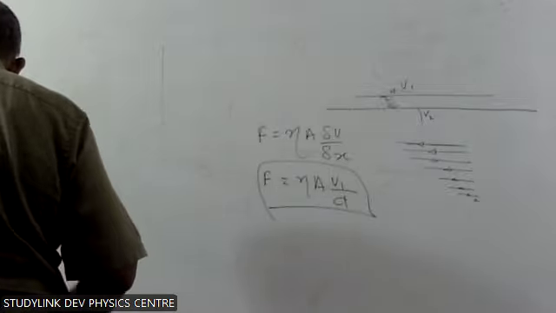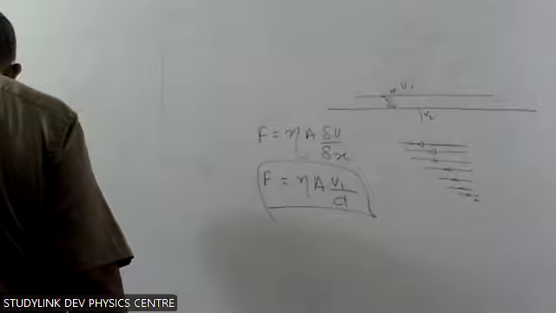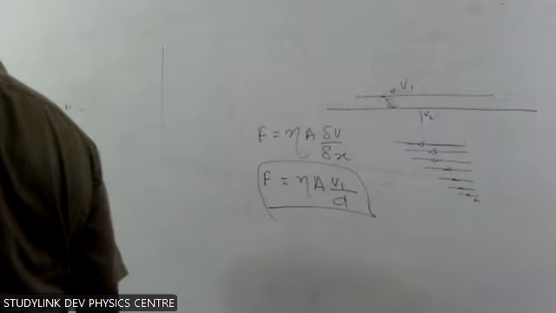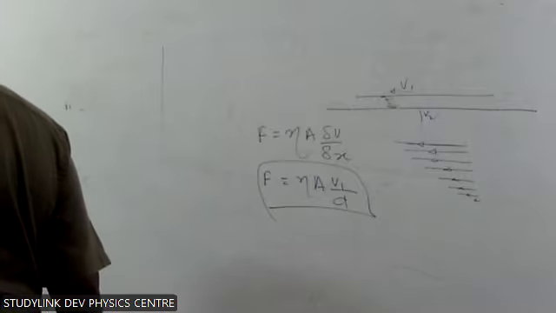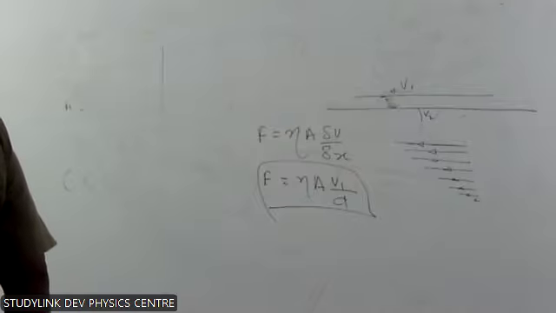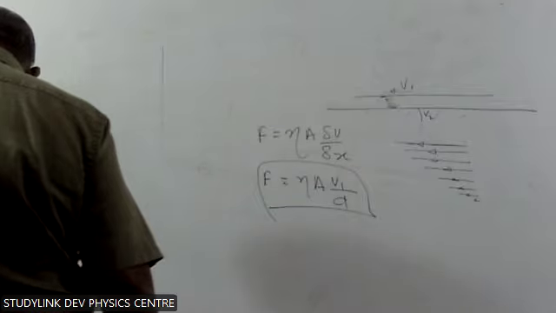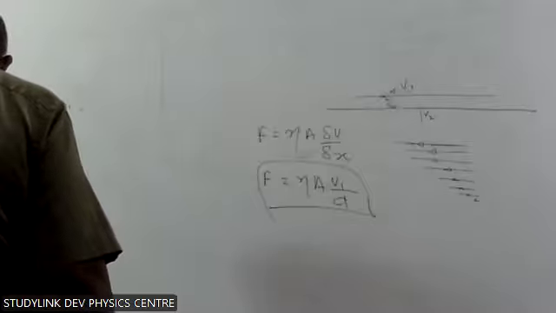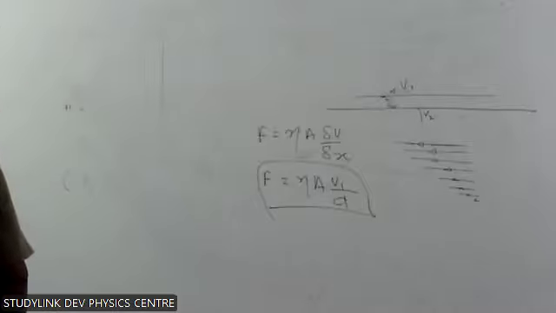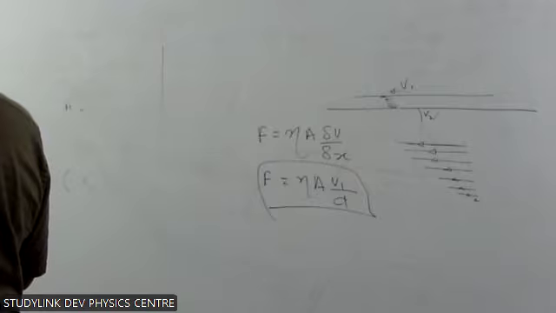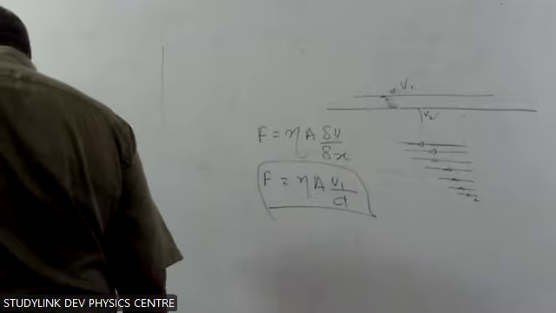First part. A person pushes a block of mass 0.5 kilogram on a horizontal floor when a horizontal force of 0.25 newton is given. So can you understand that part?